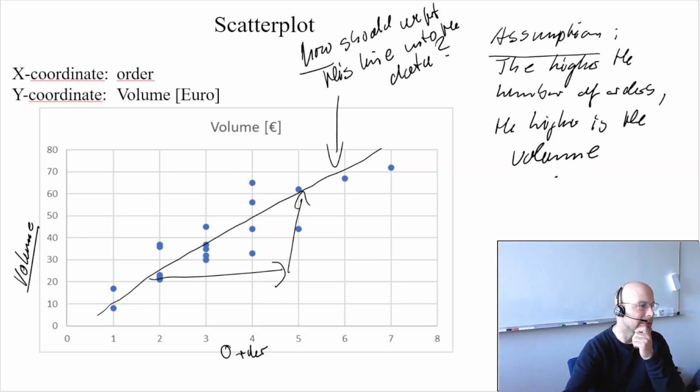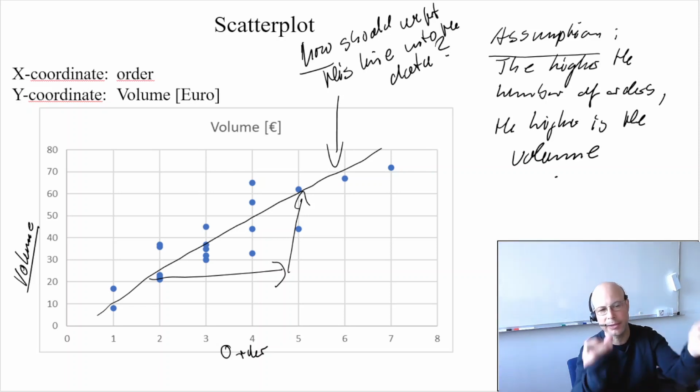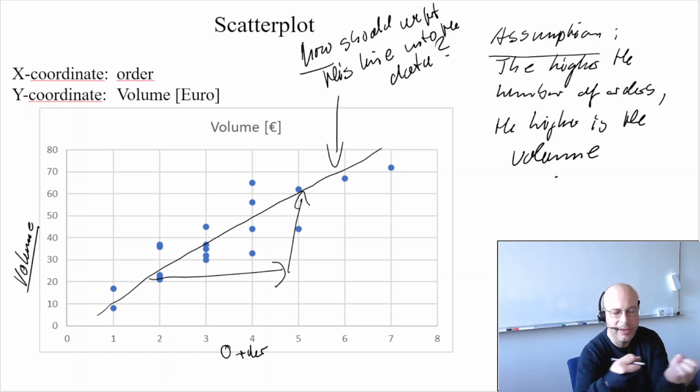Well, since we also want to calculate how to fit this line into the data more or less by hand, we will do it in Excel, but in a very slow way, because I'm not convinced to give you just the formulas, put it in, and you are done.